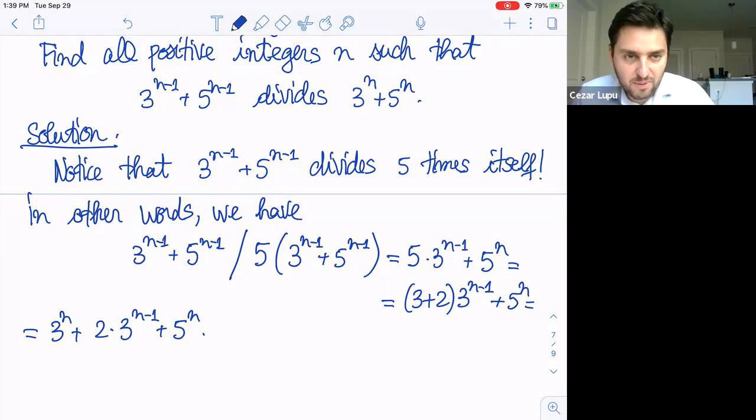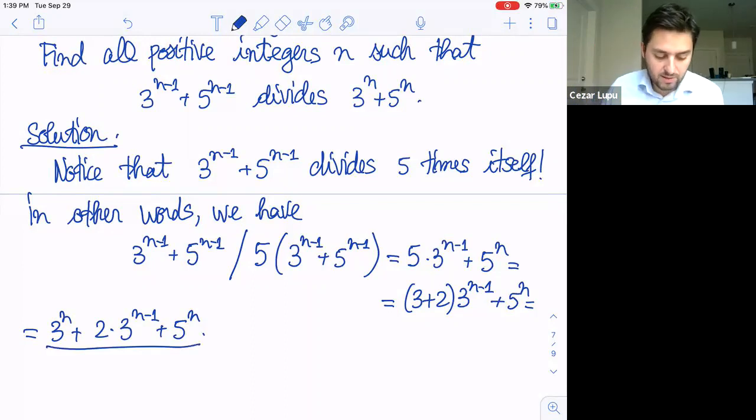So I have another relation. I know that 3 to the power n minus 1 plus 5 to the power n minus 1 divides 3 to the n plus 5 to the n. Well, I need to determine those positive integers for which this happens. But I know now that 3 to the n minus 1 plus 5 to the n minus 1 divides this other expression.